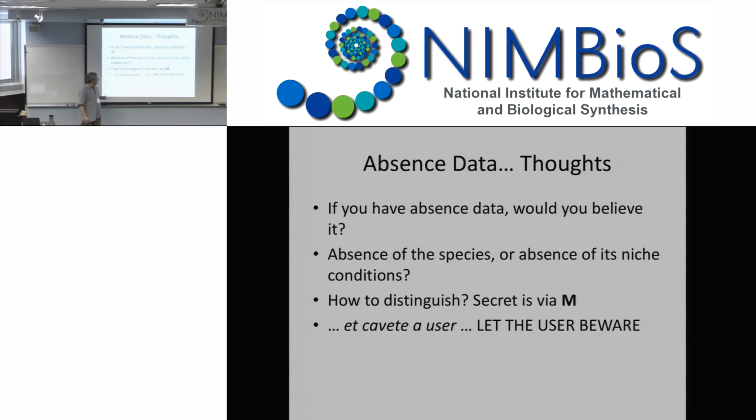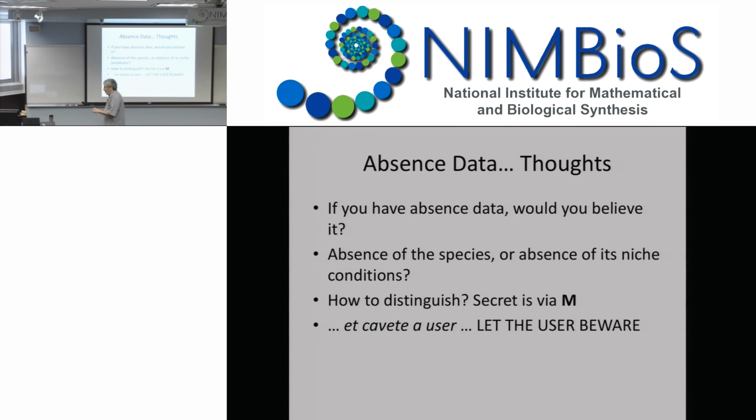Well, you definitely need to know M, but we don't do that very well yet. And there are so many sources of noise. My feeling is, sorry, Xiao, I'm going to vote with Mona. My feeling is don't use metrics and approaches that depend on absence data. That would be my suggestion.